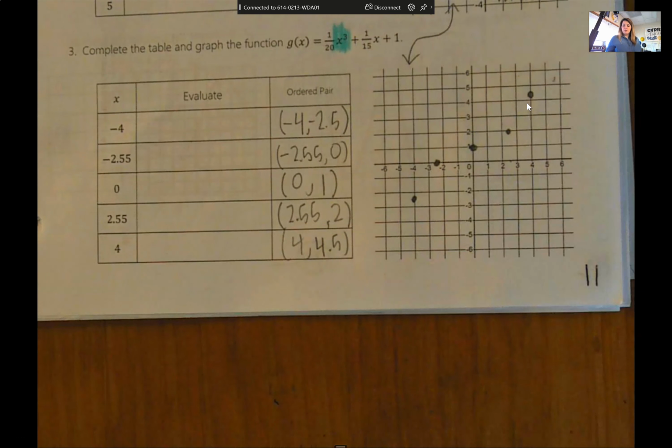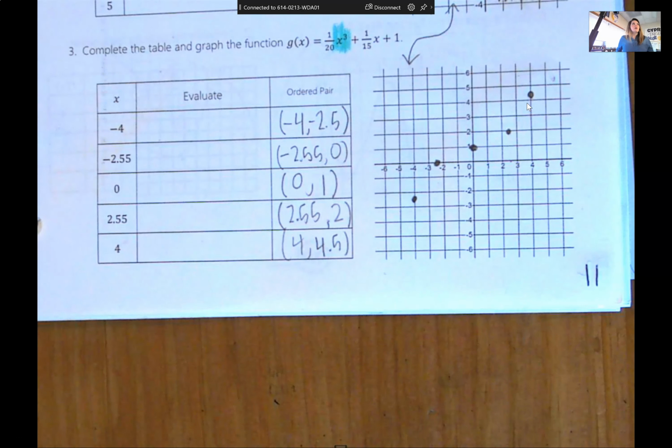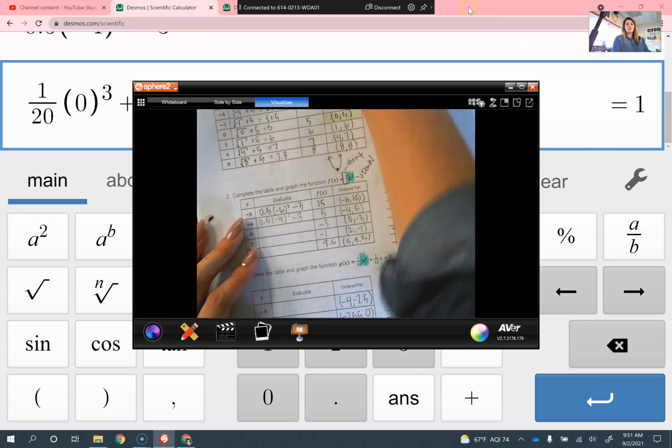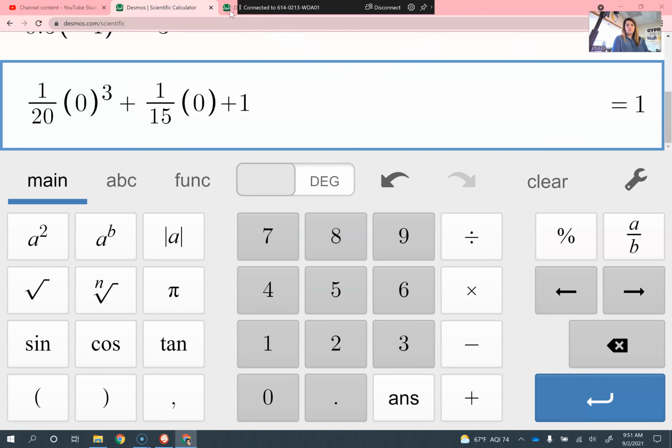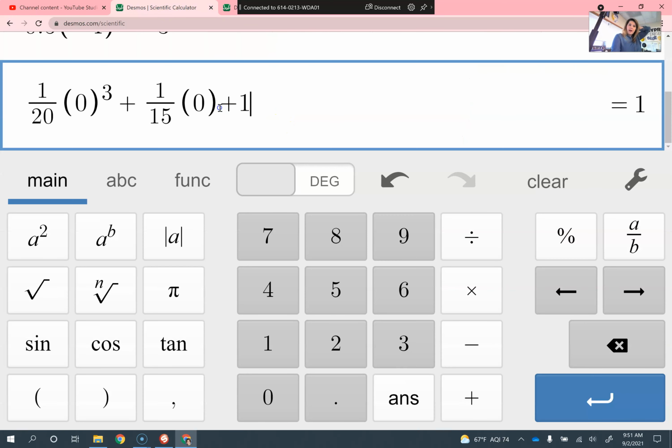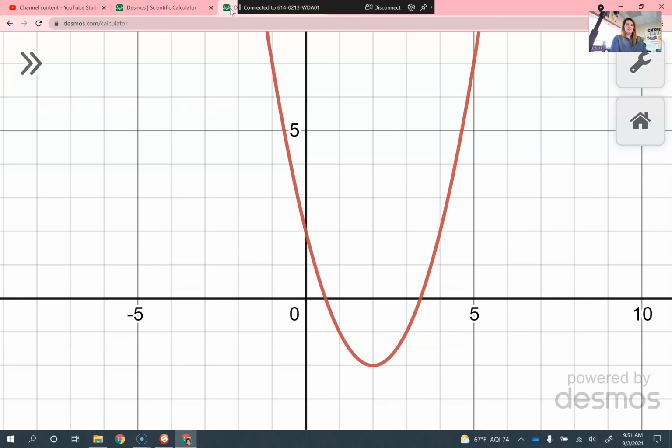And let's say that we're still not feeling super great about how to connect that. Well, then I can just go to Desmos. Actually, on your calculator, copy what you have written down here, so that you don't have to type it in again if you don't want to. So Control C, and then you can go back to your graphing one and paste it there.